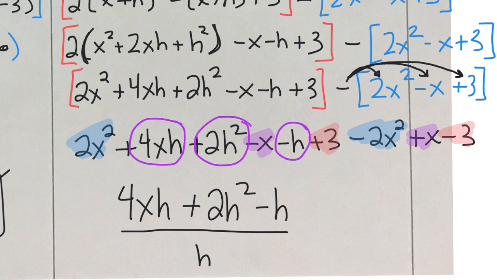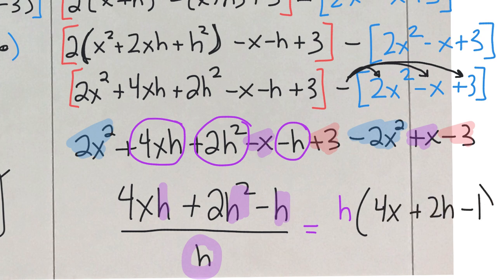So like I said, all of these terms have a times h in them. So in order to cancel out your bottom h, we're going to factor out the h. So we're writing h on the outside of parentheses. So we have 4x plus 2h minus 1.